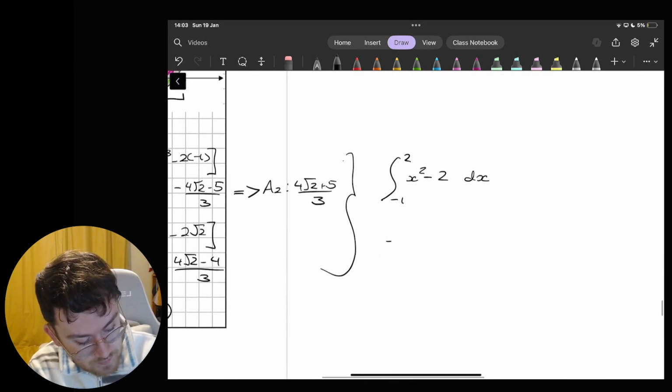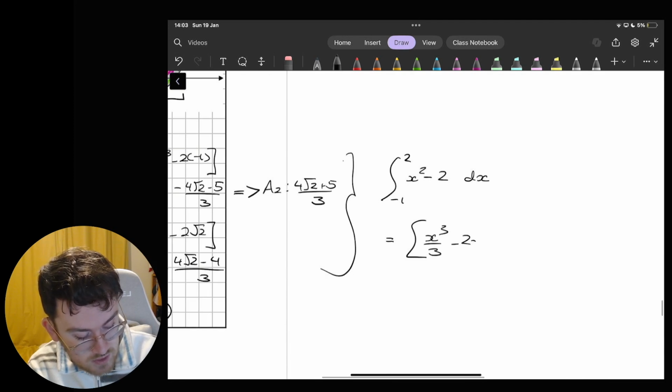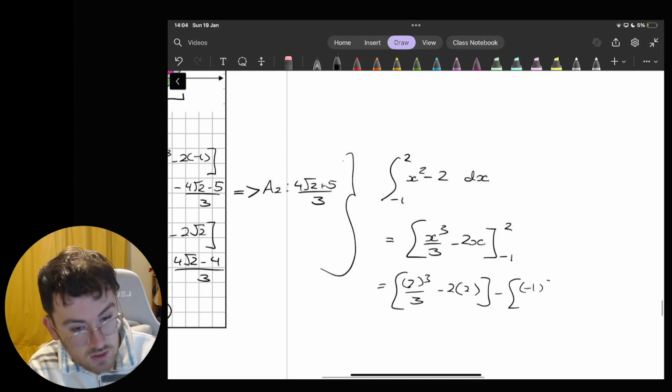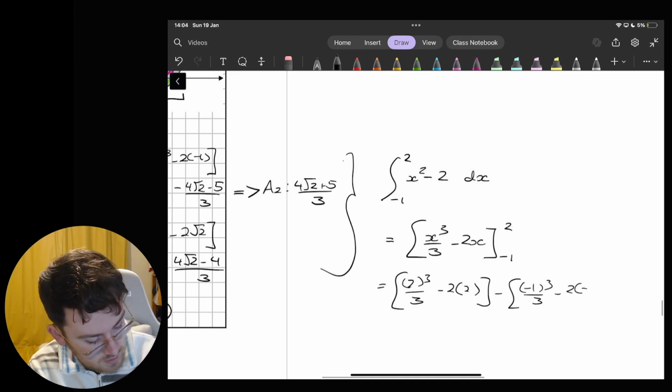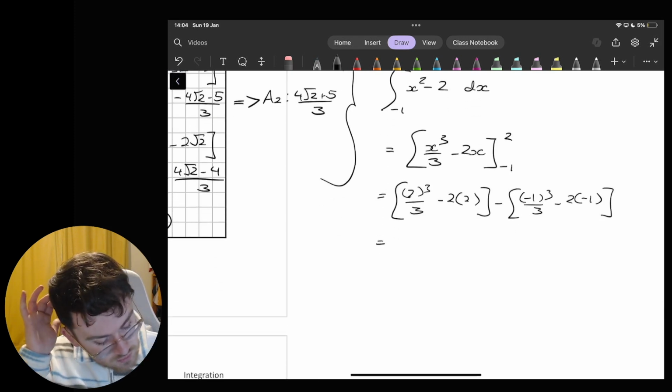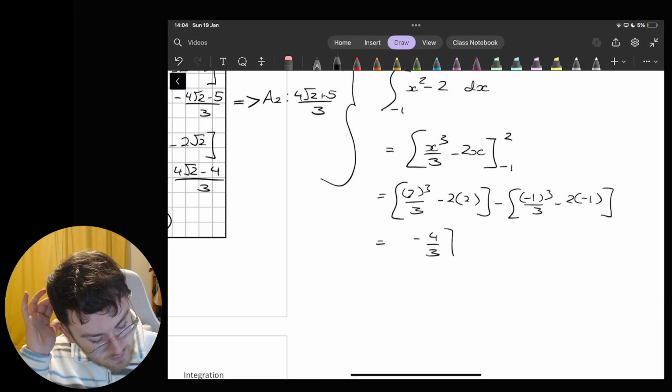So let's just see. We know already that's x cubed over 3 minus 2x, evaluated at -1 and 2. That's going to be 2 cubed over 3 minus 2 times 2 minus -1 cubed over 3 minus 2 times -1. So that's 8, so that's my -4 over 3 that we had earlier.